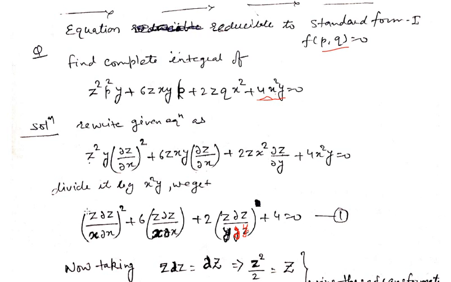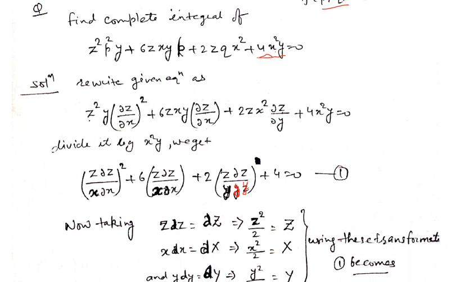Now to convert it into p and q only, we are to use some transformation, and to find that particular transformation we will assume that to convert it into p and q, here should be del z and here should be del x. It becomes p. Here should be del z and here should be del y. It becomes q.